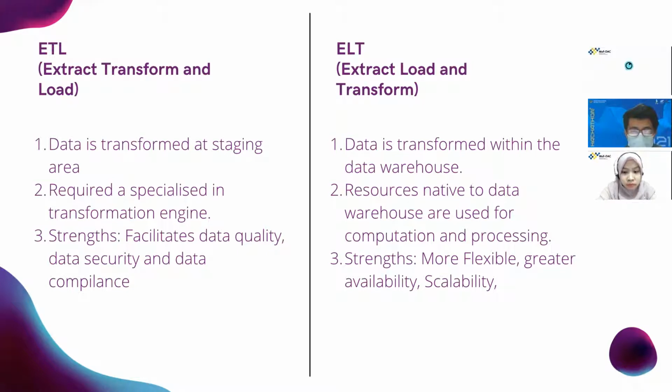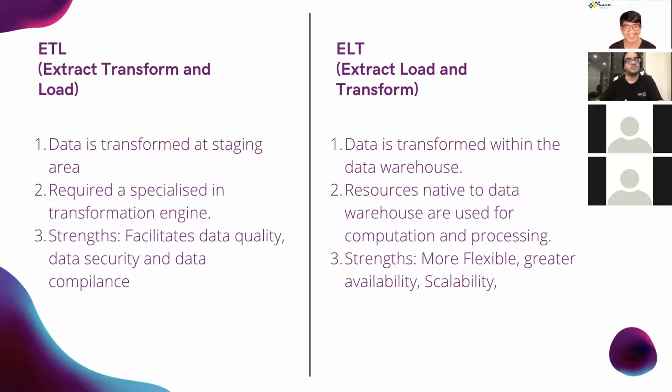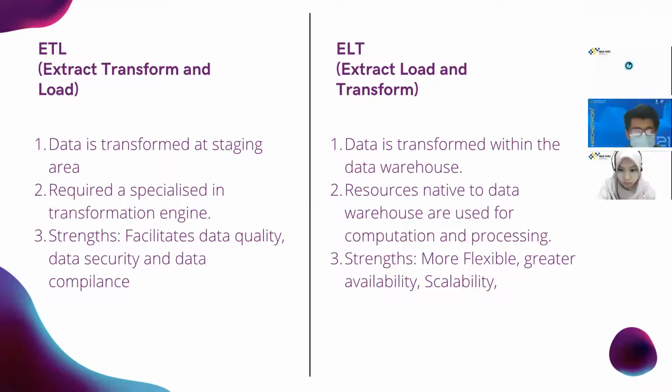Not all of them can be brought in, and so on. And that's where ELT comes into play. If you want to do something like this, you can just dump the entire column that contains the JSON into a table and then do the transformations within your warehouse. And the warehouses of today are quite popular, and I'll talk about them later in the presentation.